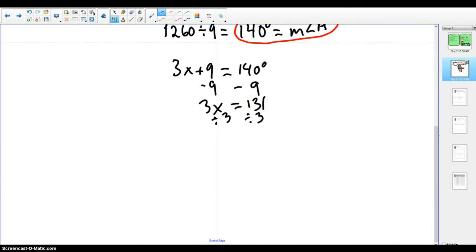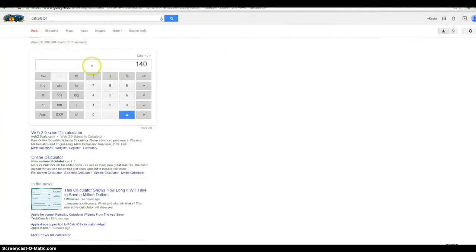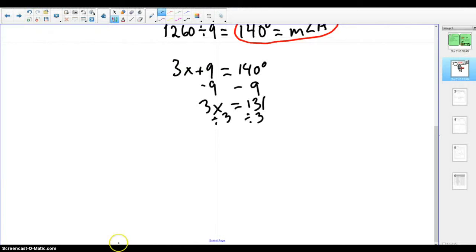And switching back to the calculator one last time, 131 divided by 3. And we get 43 2/3, or 43.666 repeating. And we're done.